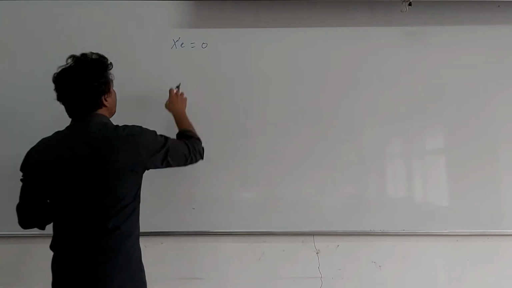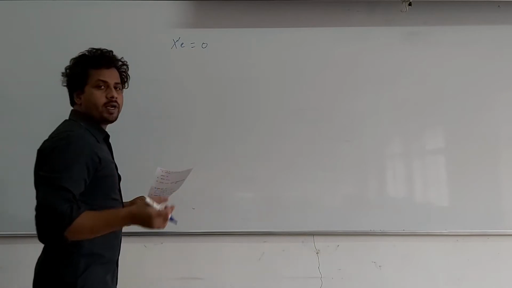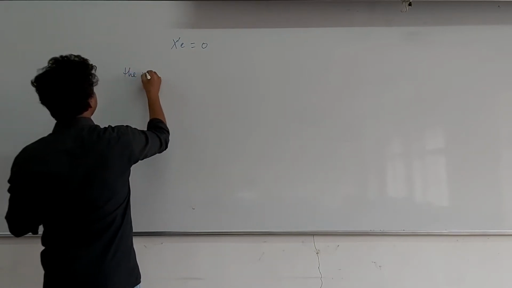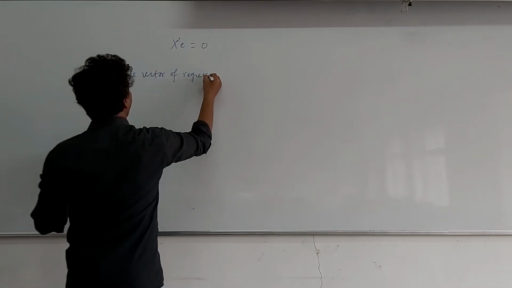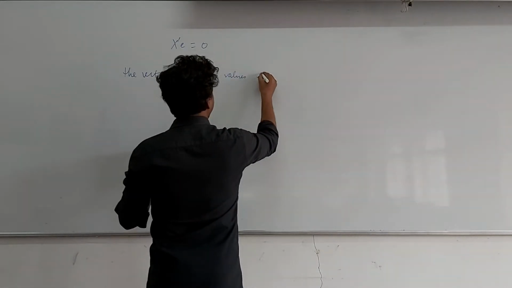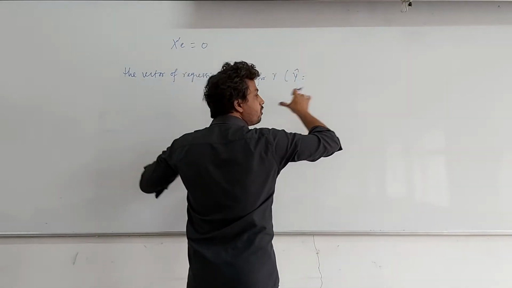So this leads to the following result, which says that the vector of regression values for Y, that is your Y hat term, that is your linear combination part.